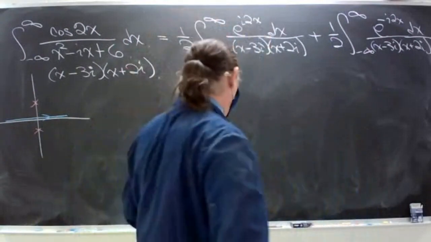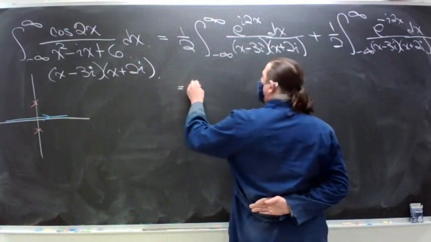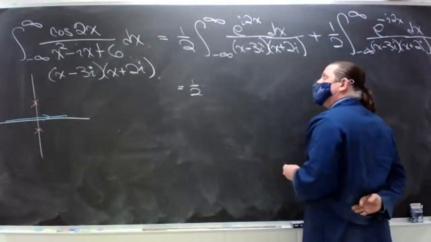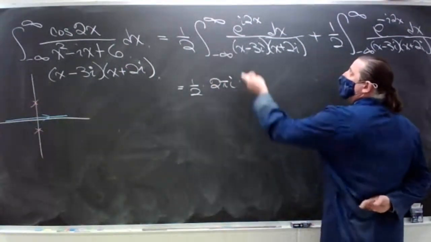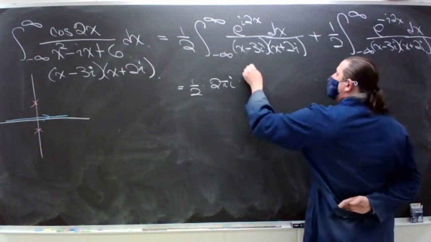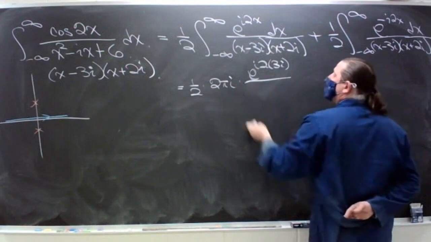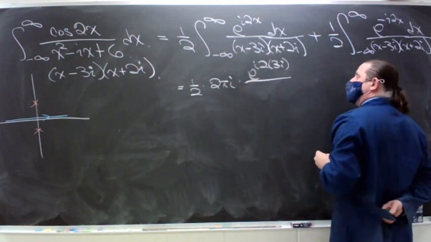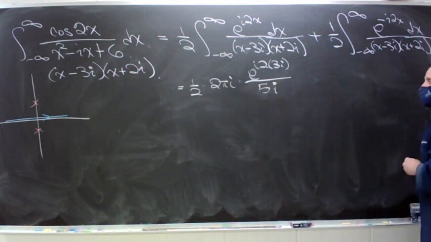So let's see what those values are. I'll have 1/2 loop integral. 2 pi i, I'm picking up the pole at 3i. I multiply by z minus 3i, and I take the limit as z approaches 3i.